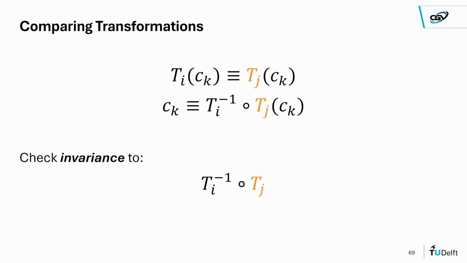So let's say we have one subtree, CK, with two different transformations applied to it, transformation J and transformation I. Now checking whether this is equivalent is the same as checking whether the subtree CK is invariant to the combined transformation, which is transformation J followed by the inverse of transformation I. And checking this invariant is very quick because we computed it in our previous step and stored it in, for example, a bit mask.